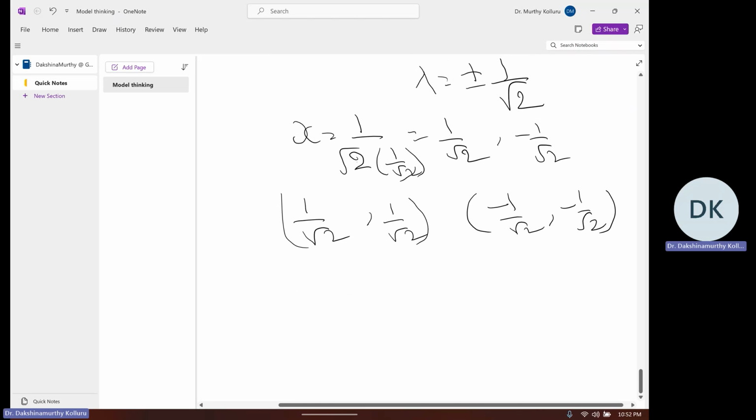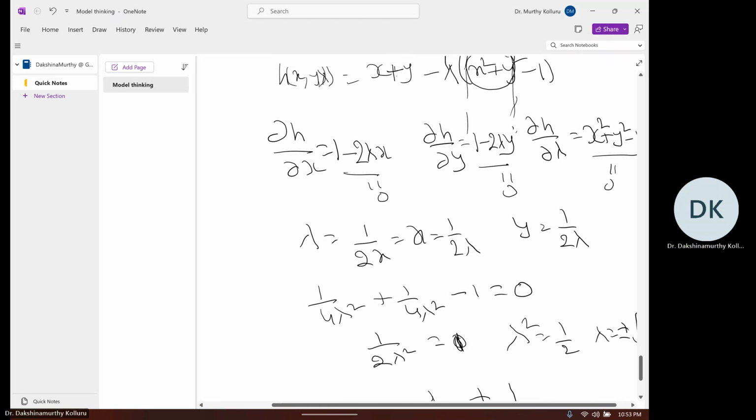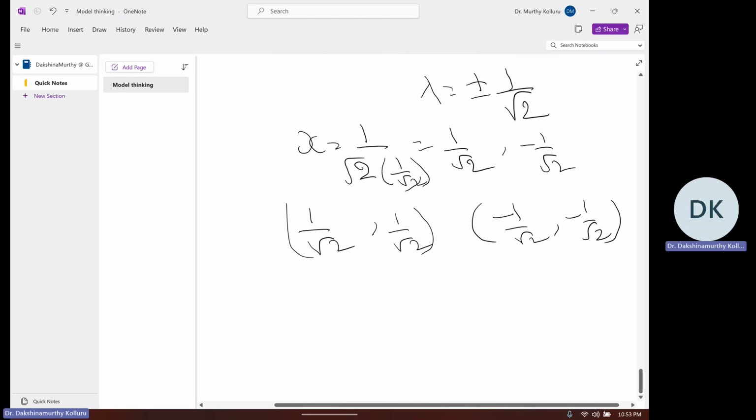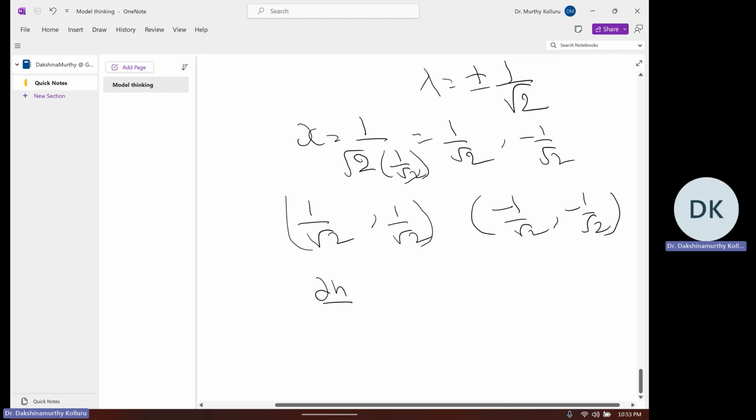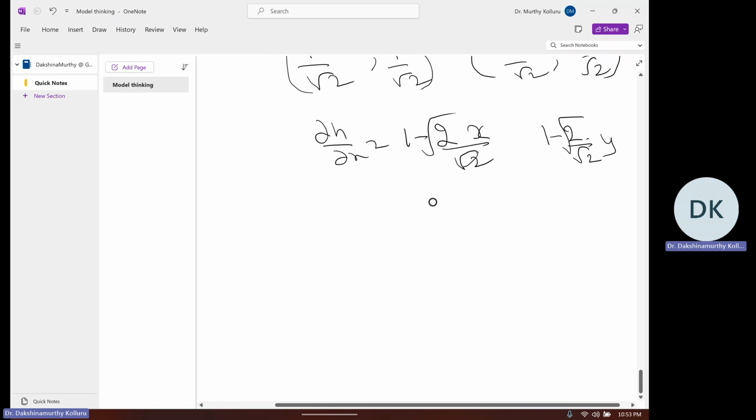Keep that. Now, what is our dou h by dou x? 1 minus 2 lambda x, 1 minus 2 lambda y. Lambda is, let's take positive. So 1 minus root 2 x, 1 minus root 2 y. We now know how to compute exactly the same process.